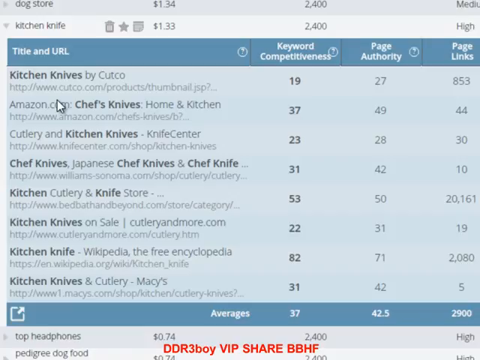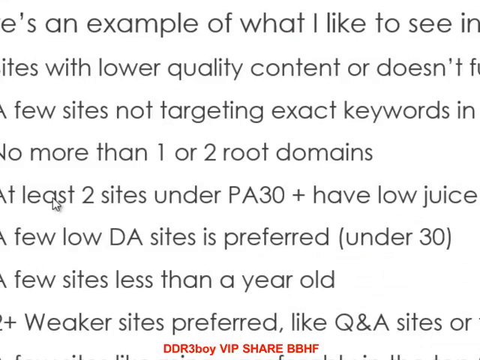Google is smart enough to understand that people searching for knife or knives are really searching for the same thing, which is important to keep in mind. Almost every one of these results is targeting the specific keyword in the title of their page, so there is no weakness in the title. That's strike one.